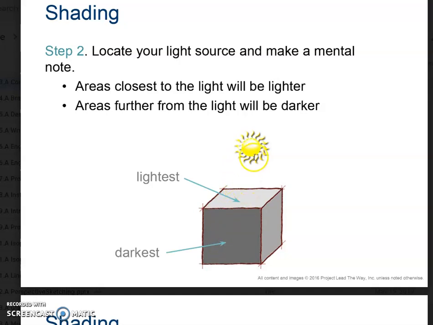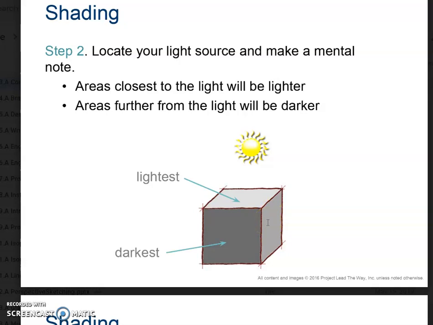And of course, if the sun is above the cube, this section here would get the most shading and the darkest, and then spaces in between, like this right side, would get the mediumest.